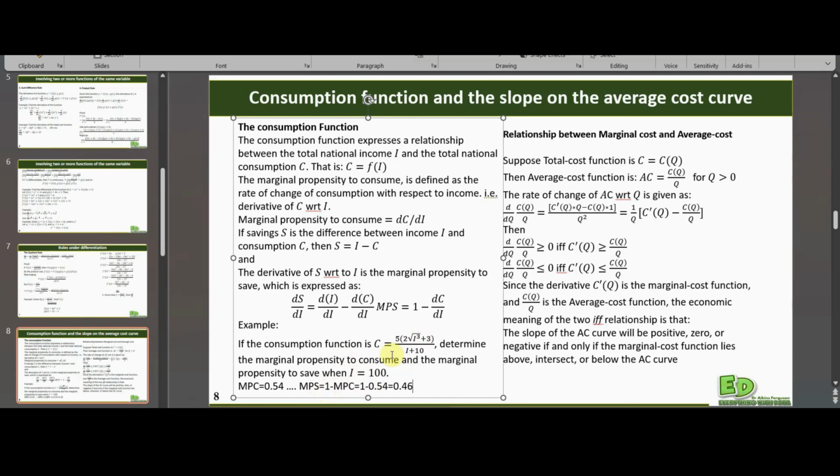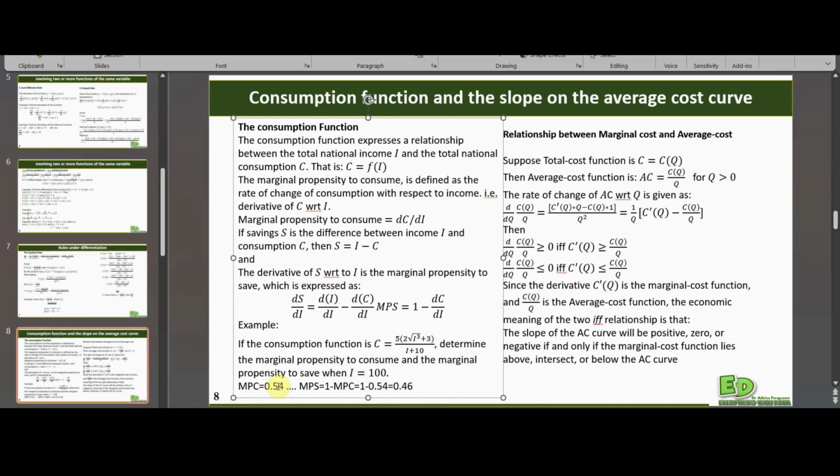Let me go over this again. You have the consumption function. The numerator is your f of x, the denominator is your g of x. Find your f prime of x, find your g prime of x, substitute them into the quotient rule formula, and that will give you your MPC. After getting the MPC function, wherever you see I or income in that function, you put this 100 cedis over there, and that will give you your marginal propensity to consume.